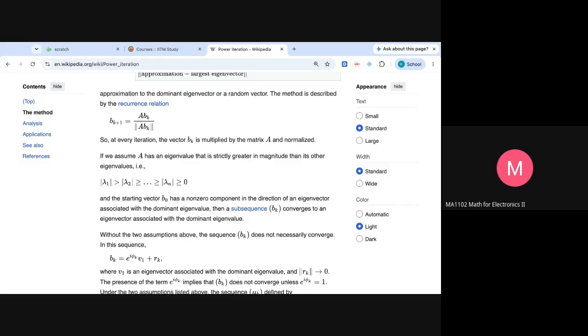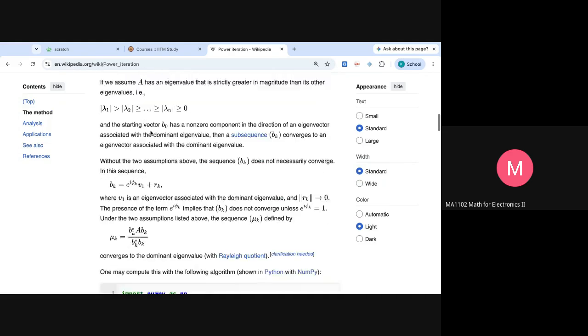This is one application you were mentioning. If you have one dominant eigenvalue, which the prof also mentions, you can very easily get hold of it using this method.